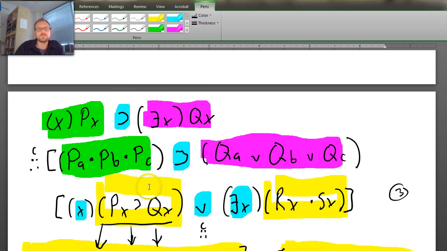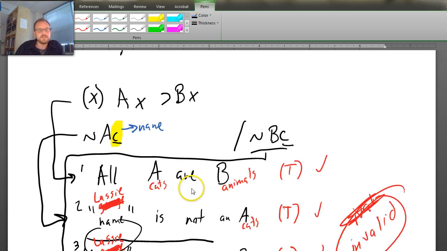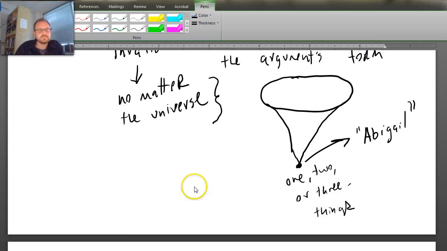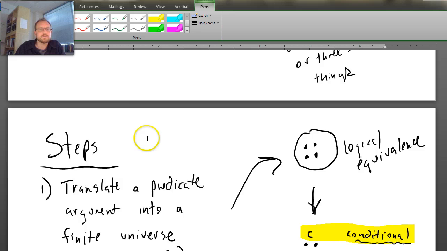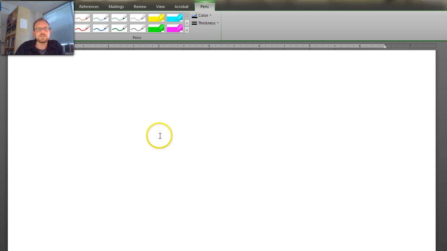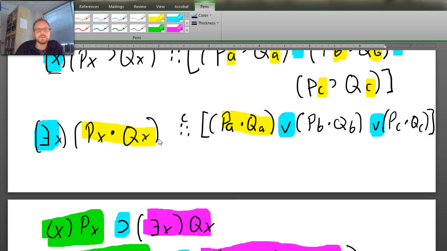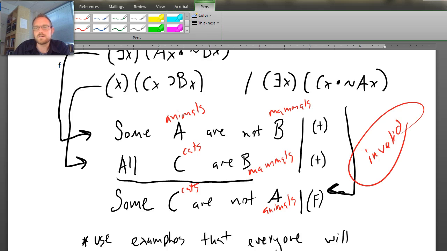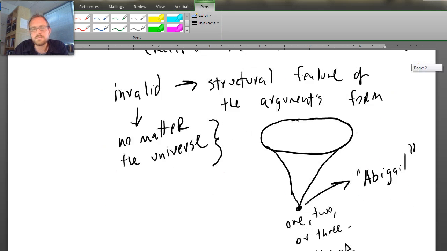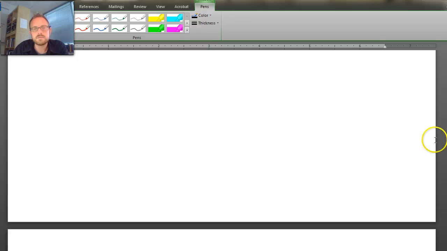Actually, let's see if I can scroll up and write them out. Oh, I think I ran out of steps here, so let me just scroll down. Let's just type them in. So let's just call this the steps for the finite universe method.